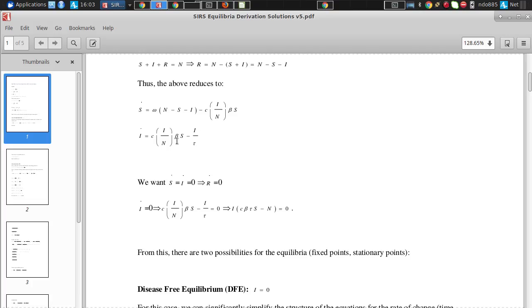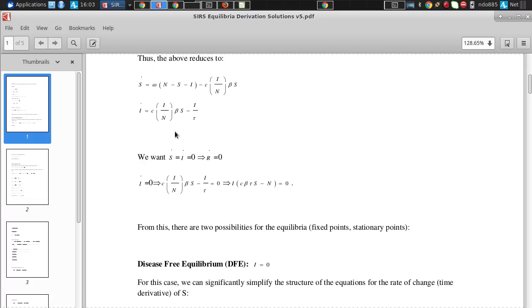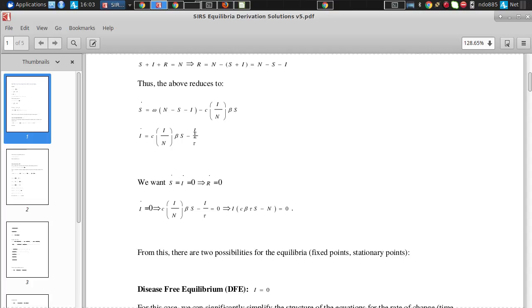And often there will be a trivial solution where we say, okay, what about the case where there's no disease at all, right? Then I is 0, and this equals 0.